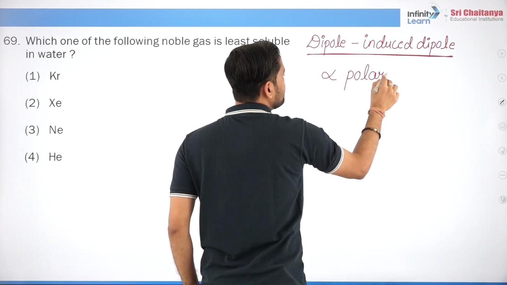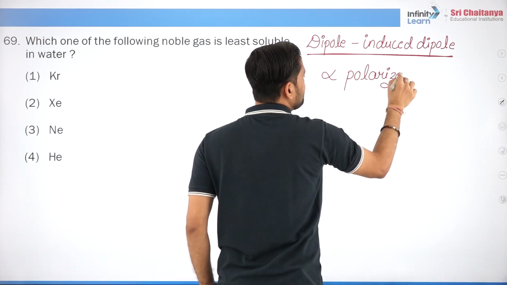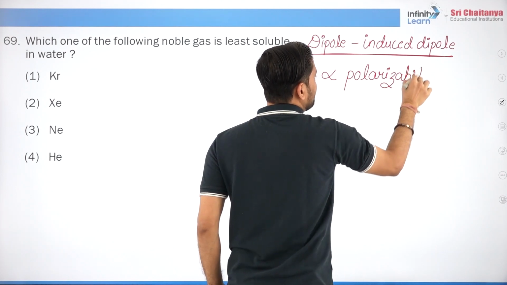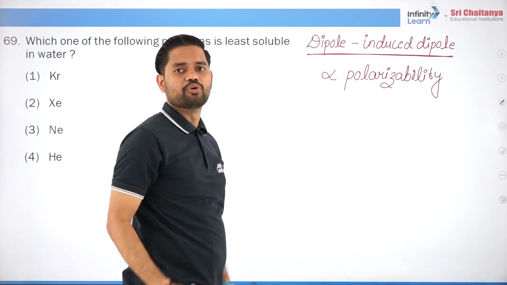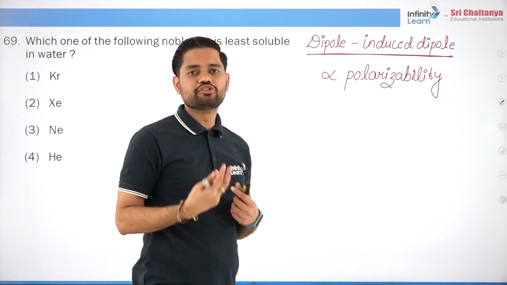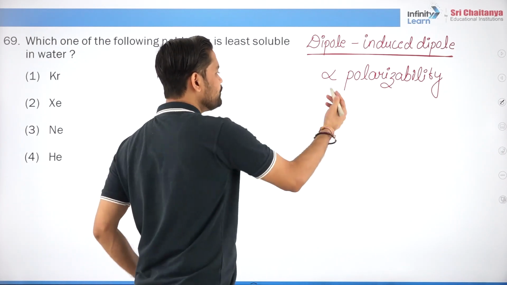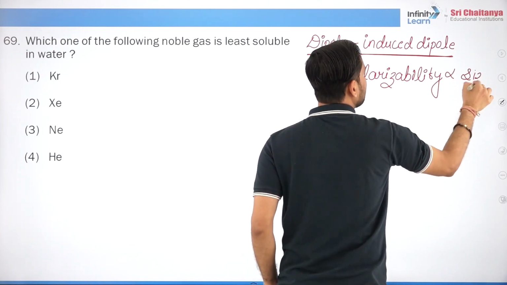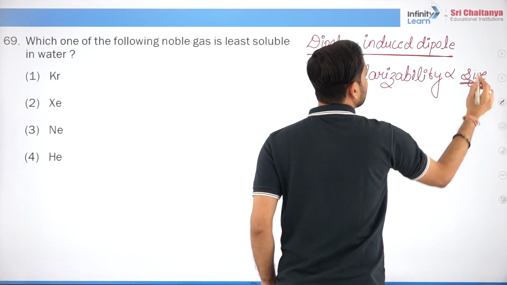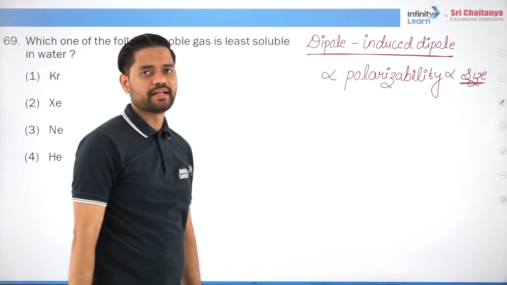Polarizability, right? The more easily the electron cloud can get distorted, the more easily it will dissolve. And this polarizability, can I say it's directly proportional to size as well, right guys?